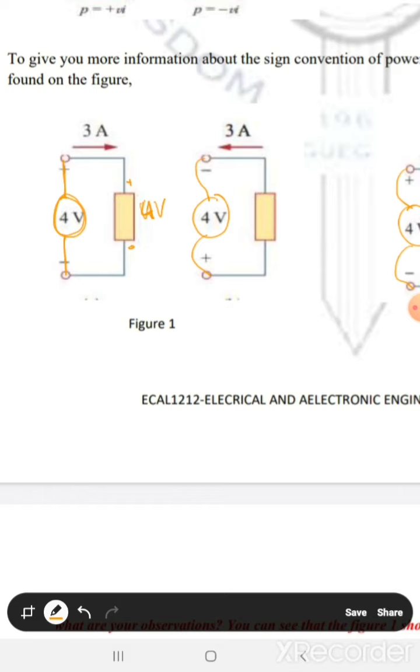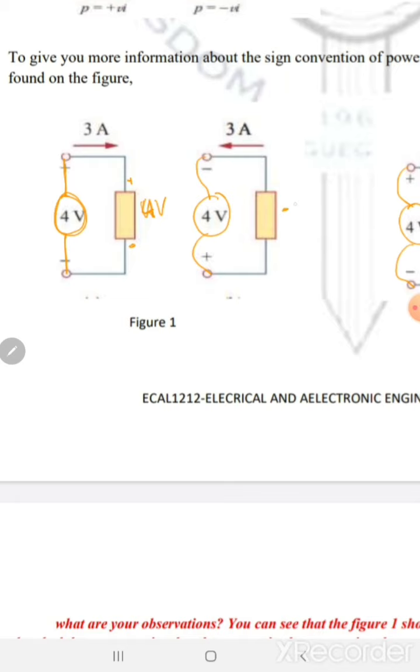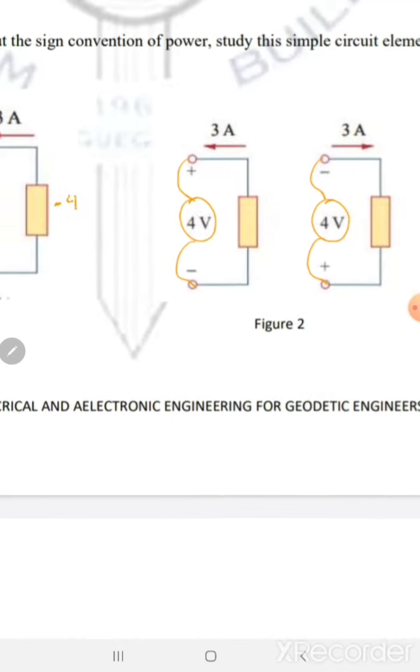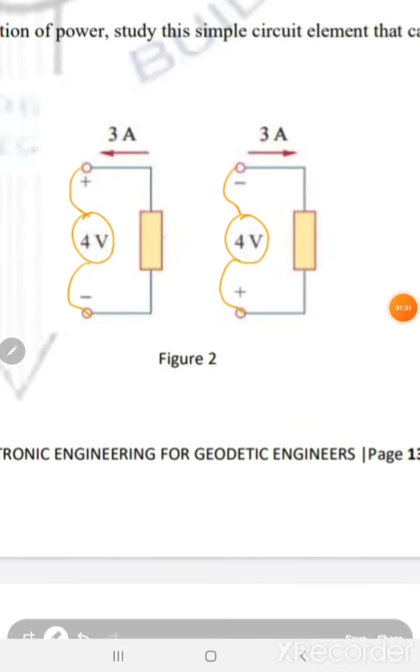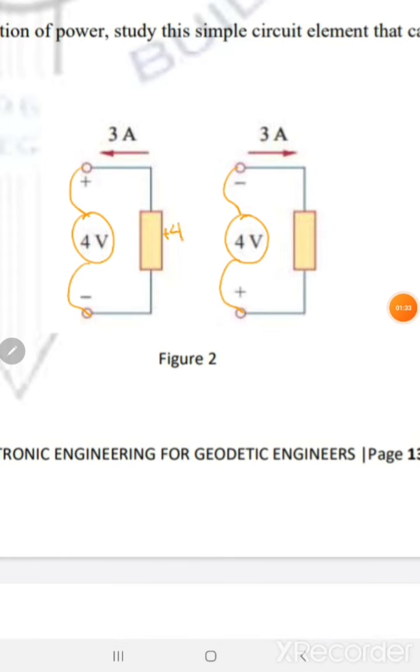If a voltage source is in parallel with a load, that is already its voltage. Okay, because the parallel voltage is that V1 is equal to V2 is equal to Vt, and it is equal to Vn. Okay, so this is also equal to negative 4 volts. So we have positive 4 volts and negative 4 volts.